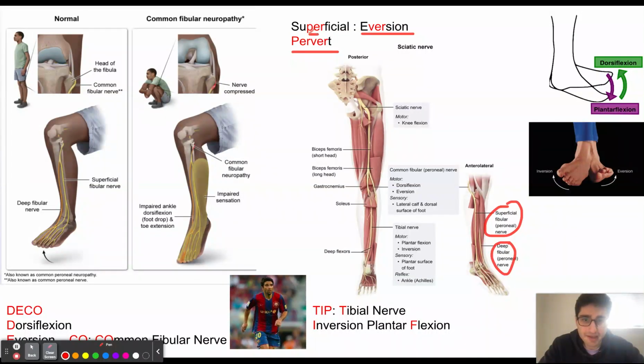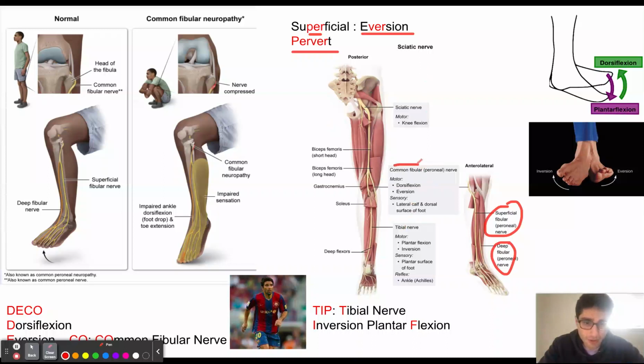So the PER in superficial can be combined with the VER in eversion to make up the word pervert. It's a quick way to remember this. So if this helps you, then you can also use it. Now, the deep fibular nerve by default is then going to be responsible for dorsiflexion.